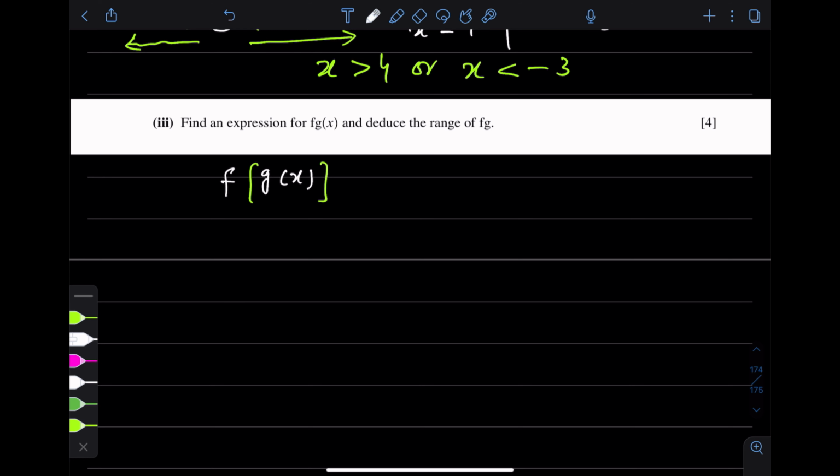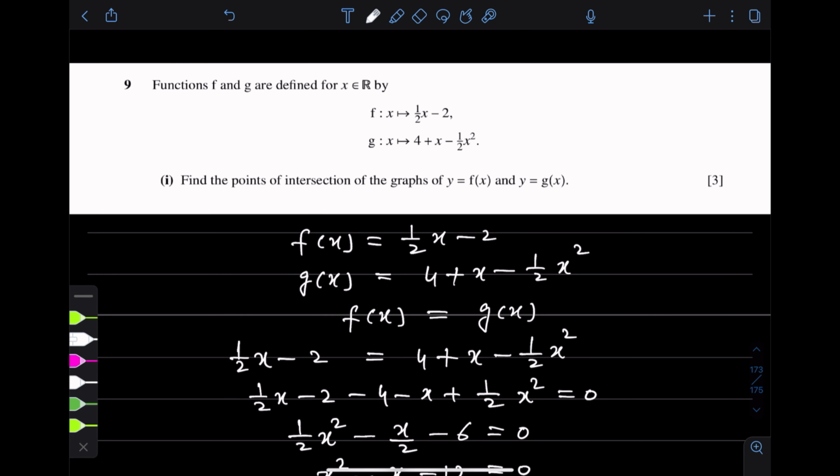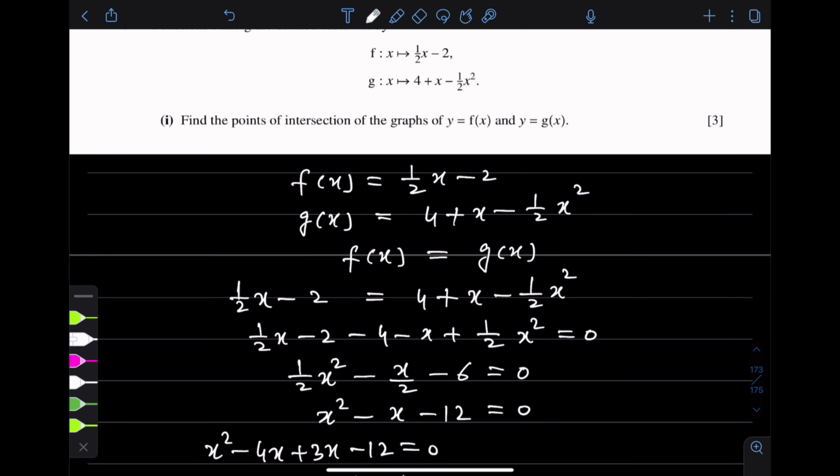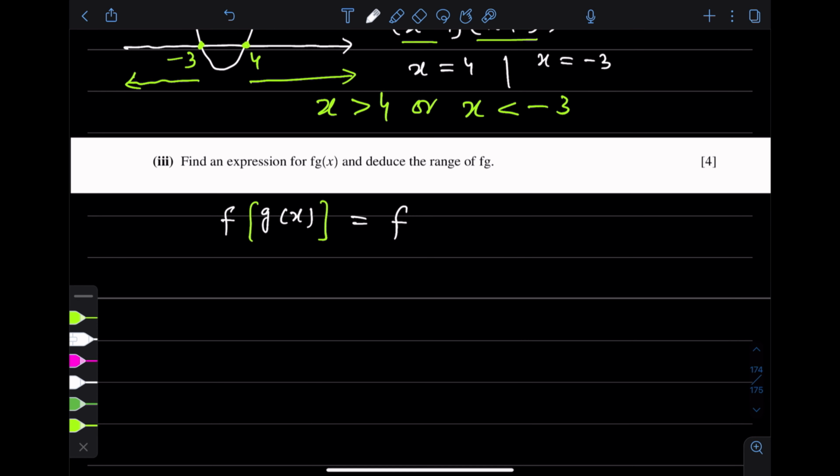this becomes f of g(x), and g(x) is 4 plus x minus 1 over 2x square. So we will write here g(x), that is 4 plus x minus 1 over 2x square.